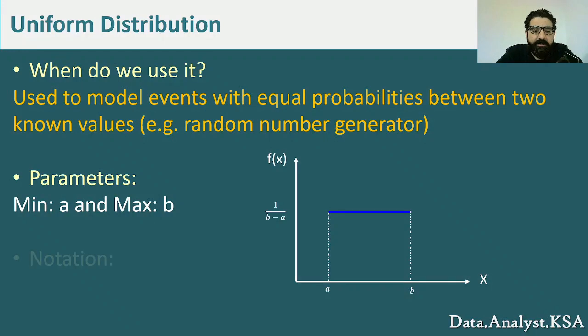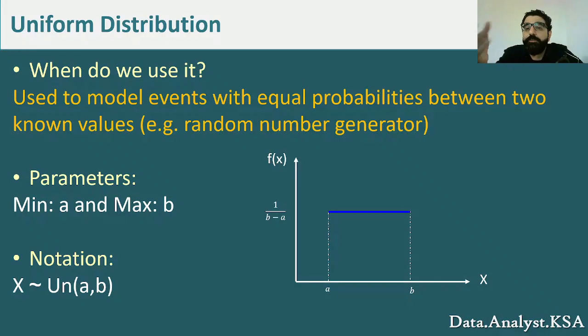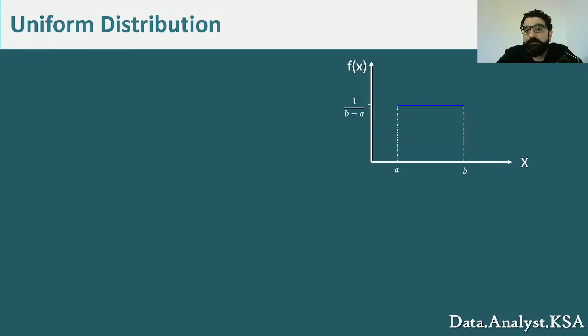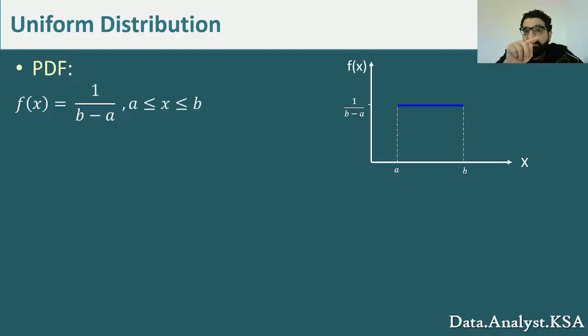So I only need A and B. The way I note this distribution for a random variable is X tilde uniform A and B. And just by knowing this, I would exactly know the probability density and the cumulative distribution function of that random variable. So the PDF, as we mentioned, is constant throughout the period between A and B, and it's 0 otherwise.